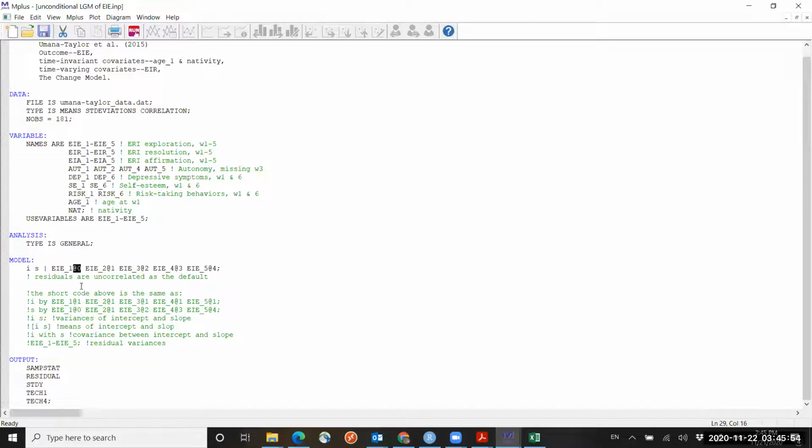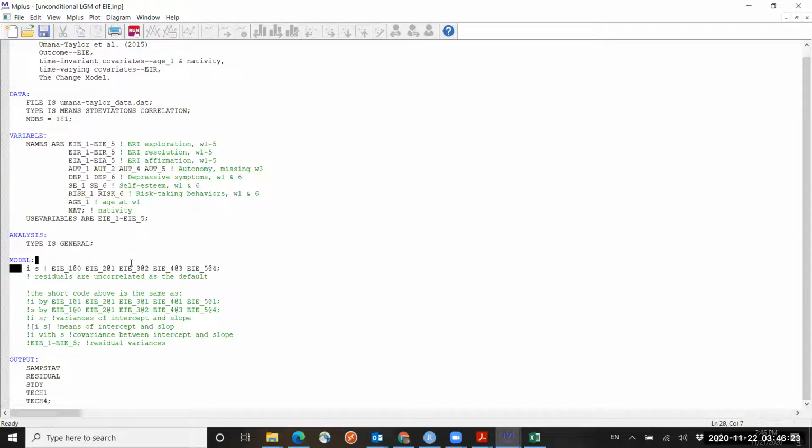If we wanted the intercept to be the status at the last measurement time, we would reverse the factor loadings: at -4, -3, -2, -1, and 0. If you did that, the model fit would be exactly the same, but the intercept now would be the status at the last measurement occasion.